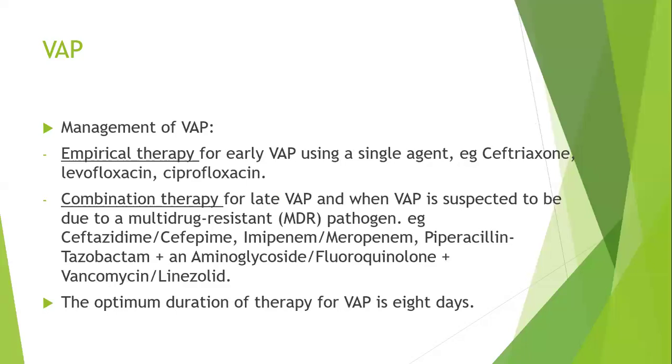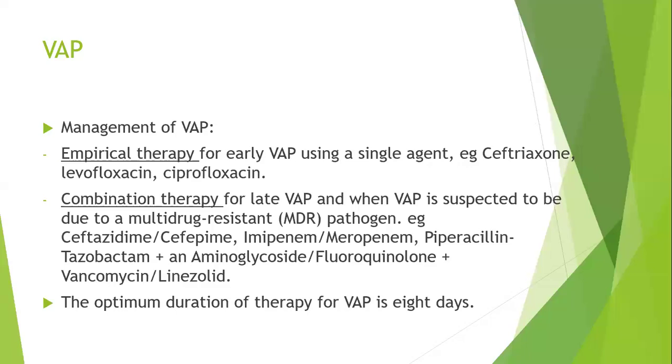It's important that you start empirical antibiotic therapy, especially for patients who develop VAP less than 5 days after admission, and second or third generation cephalosporins will be helpful for late VAP.